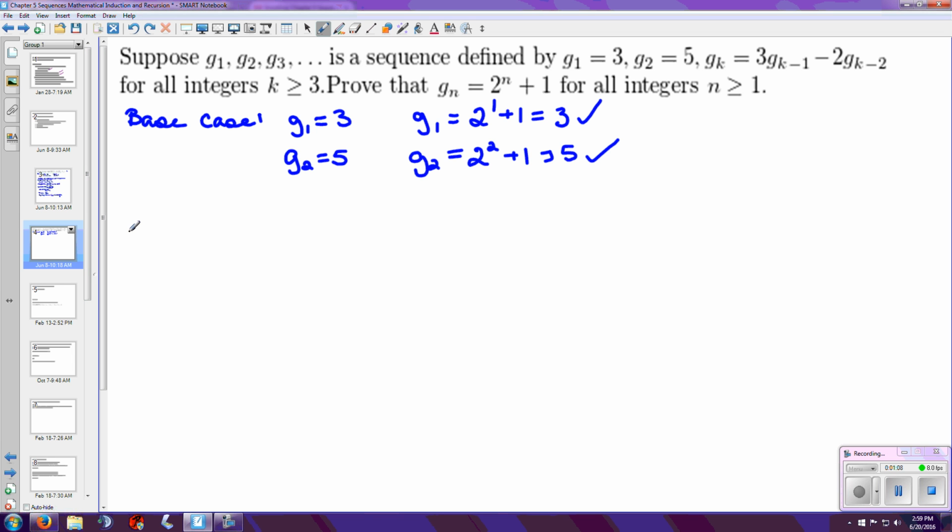Now we can move on to our hypotheses. So our hypothesis is going to be that we assume this is true, g sub n equals 2 to the n plus 1, for all integers n less than or equal to k, just as we did in the previous example.